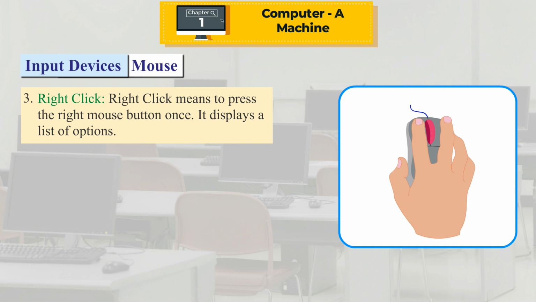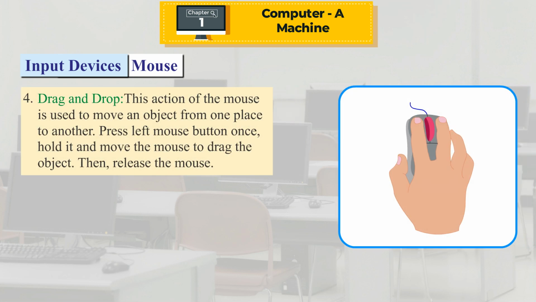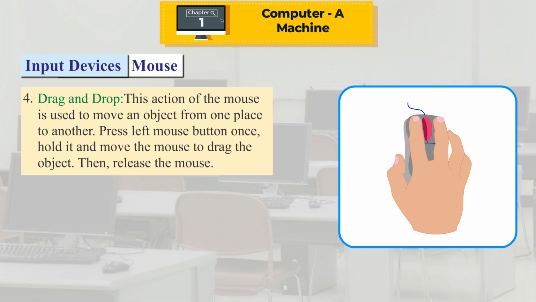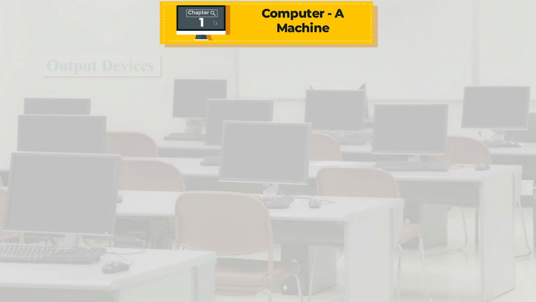Right click means to press the right mouse button once. It displays a list of options. 4. Drag and drop. This action of the mouse is used to move an object from one place to another. Press left mouse button once, hold it, move the mouse to drag the object, then release the mouse.